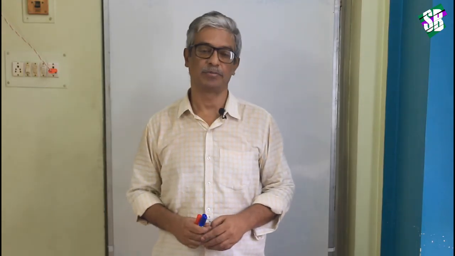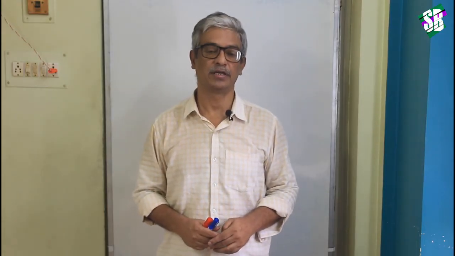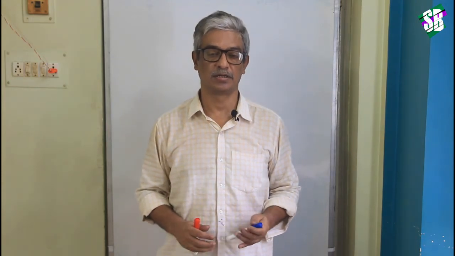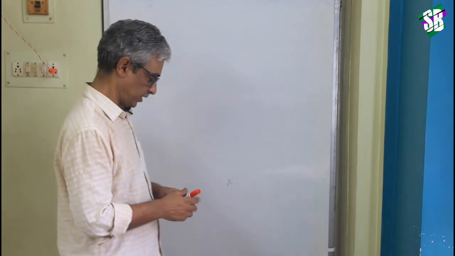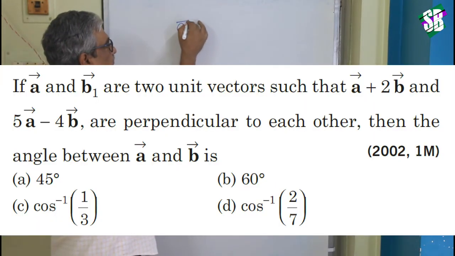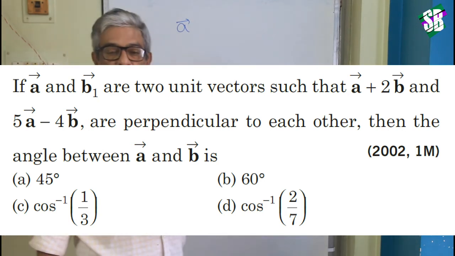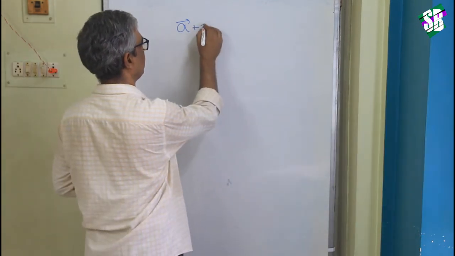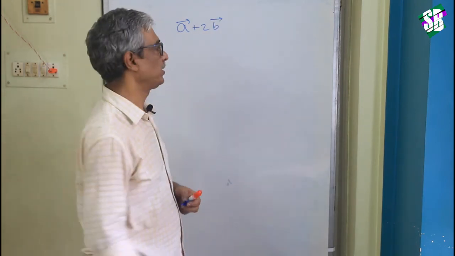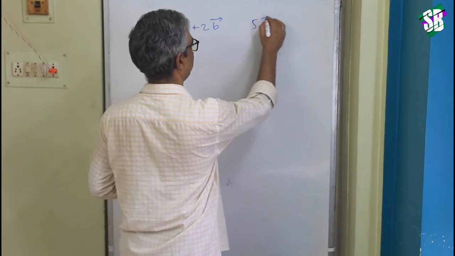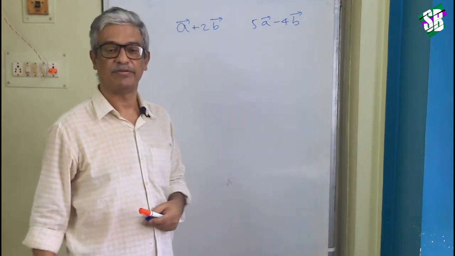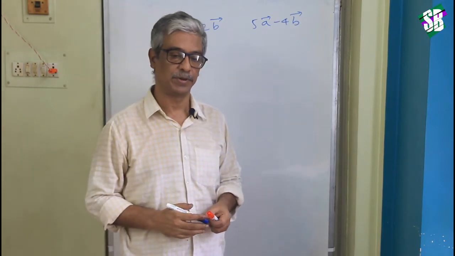This is a very easy problem. Here a vector and b vector are two unit vectors, and it is given that a vector plus 2b vector and 5a vector minus 4b vector are perpendicular.